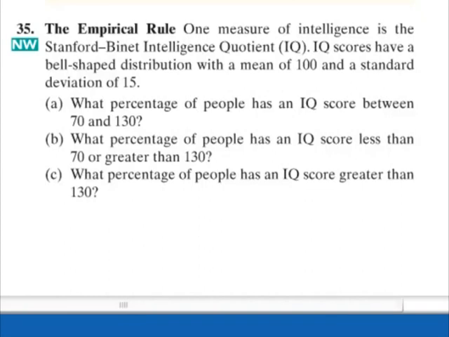You with me? And so if we subtract another standard deviation, where are we? 70 minus 15, 55. How many people have an IQ between 55 and 145? 99.7%. So almost everybody has IQs between 55 and 145. Very, very small percentage outside of that.